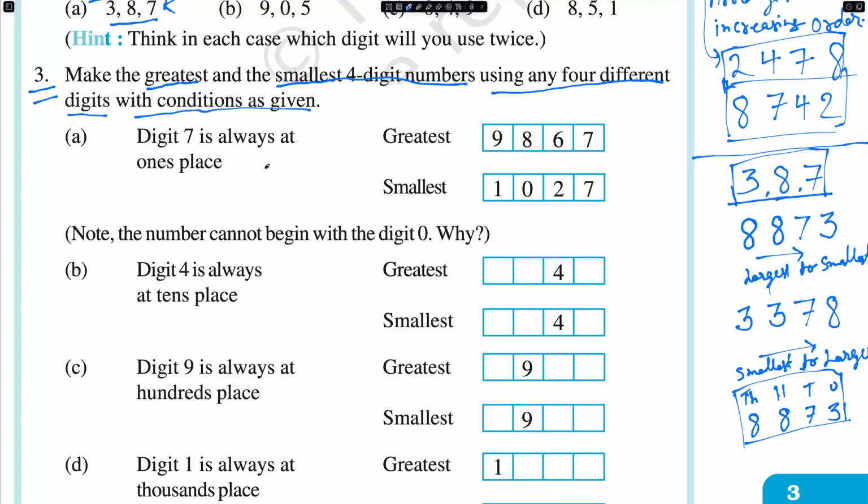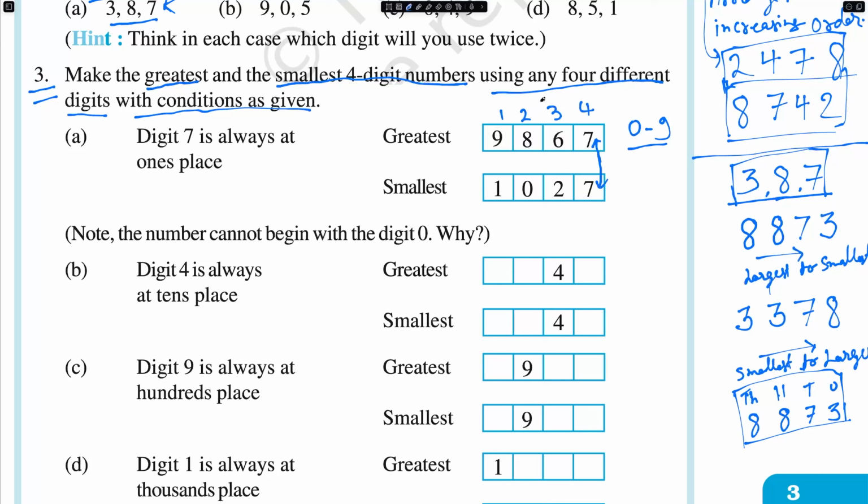So what we need to do here is form a 4-digit number, using any 4 different digits that can be from 0 to 9, and then there is a condition applied. For example, here we can see digit 7 is always at 1's place. So the 7 is always placed at this position.